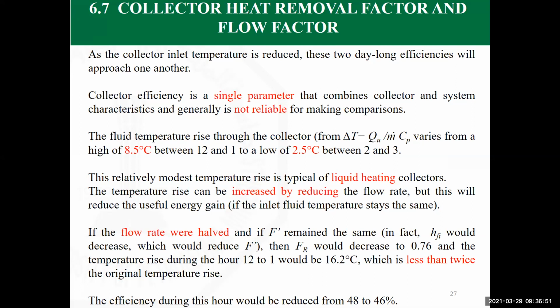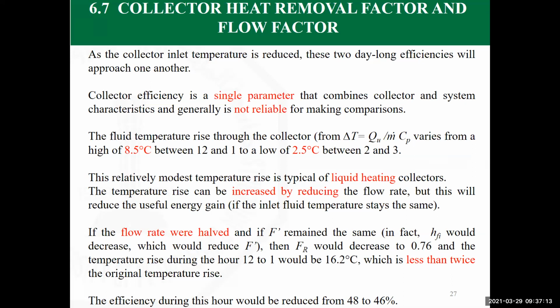And sometimes it will not do what is required, as you need to heat a certain quantity, a certain flow rate of water from temperature TFI to temperature TF out. So there is a flow rate that you have to deliver at the end. If the flow rate is halved, then the delta T would be increased.